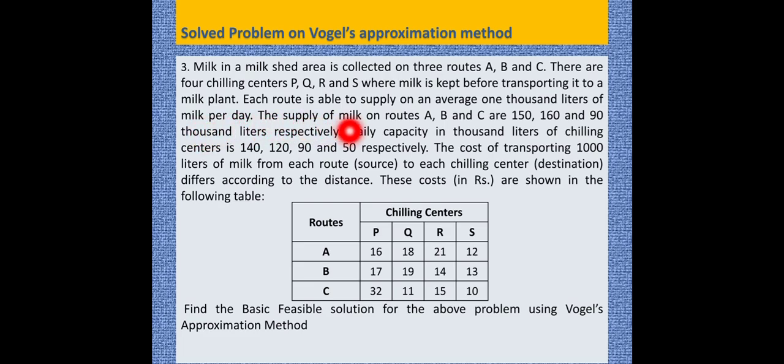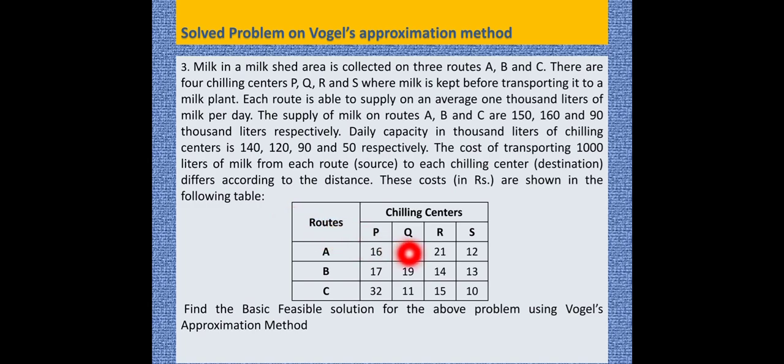The supplies of milk on routes A, B and C are 150, 160 and 90 thousand liters respectively. The daily capacities in 1000 liters of the chilling centers are 140, 120, 90 and 50 respectively. The cost of transporting 1000 liters of milk from each route (source) to each chilling center (destination) differs according to the distance. These costs in rupees are shown in the following table.